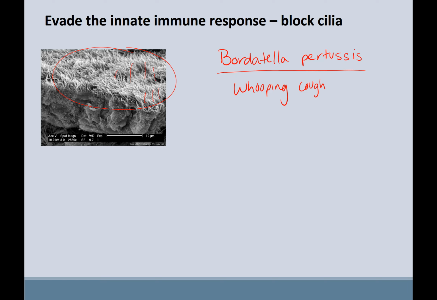Bordetella also produces fimbriae. Do you remember this word? Fimbriae. I think I spelled it right. That allows it to adhere to the cilia.